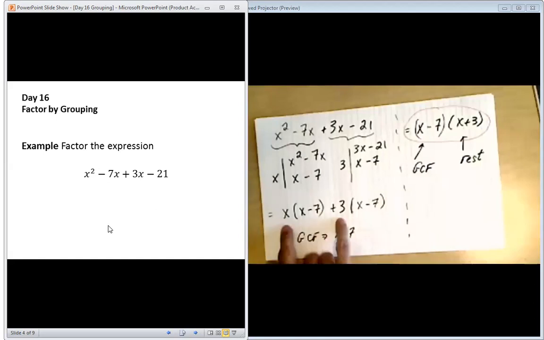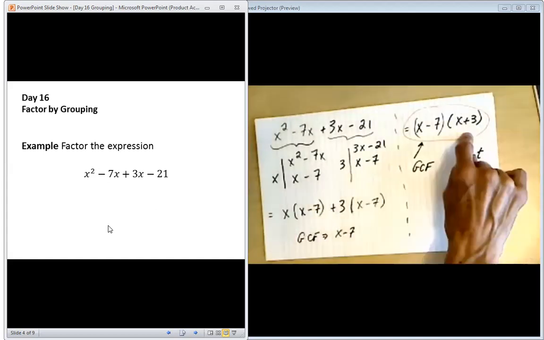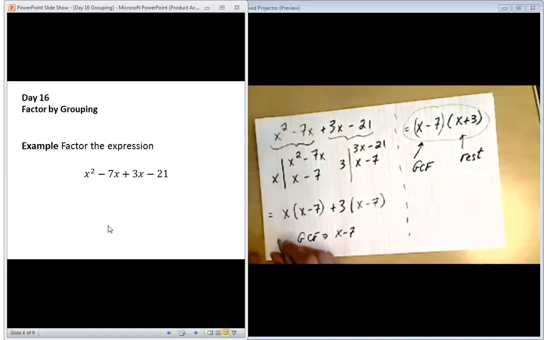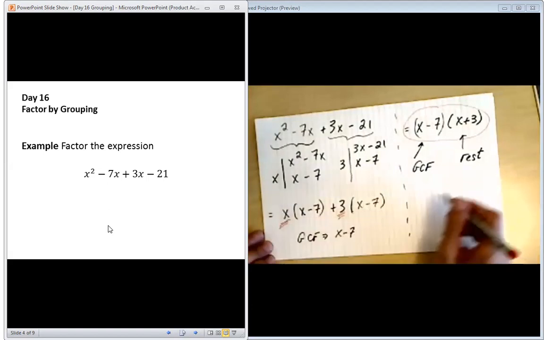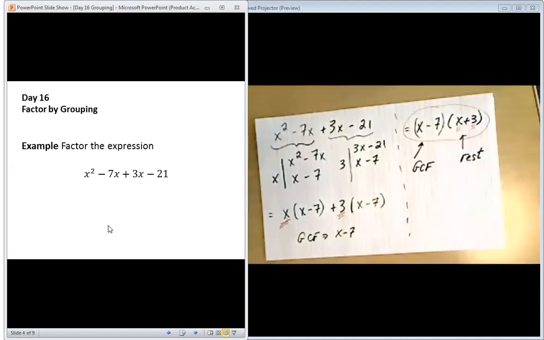Yeah, watch where those come from. See, x and the +3. X and the +3 like that. Yeah. Color coded. 21st century. Look at that. Goes there and there.